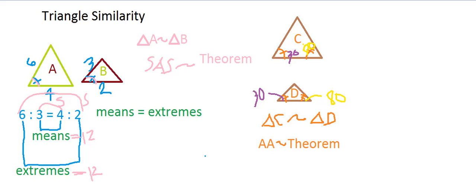So what is the measure of this third angle? 30 plus 80 is 110. For us to complete 180, this must be 70. Since this is 70, this other angle cannot have a different measure, so for sure this is also 70. Because 30 plus 70 is 100, and 100 plus 80 is 180. So that is how the angle similarity theorem is stated.